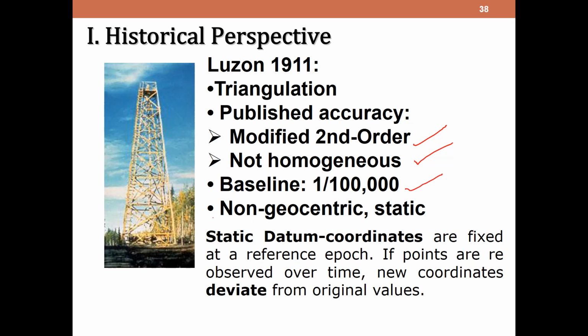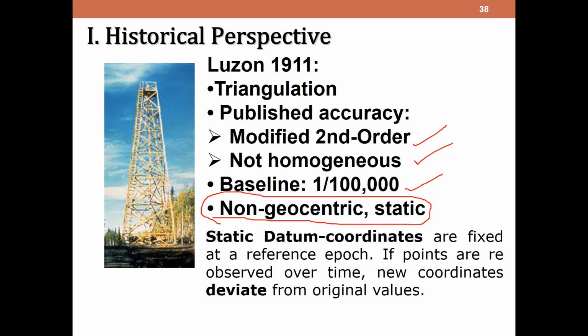It was static, with static coordinates, as I discussed earlier. It is established at that reference epoch or reference time, and updated only if you re-observe it to see whether there are changes. It was also non-geocentric.